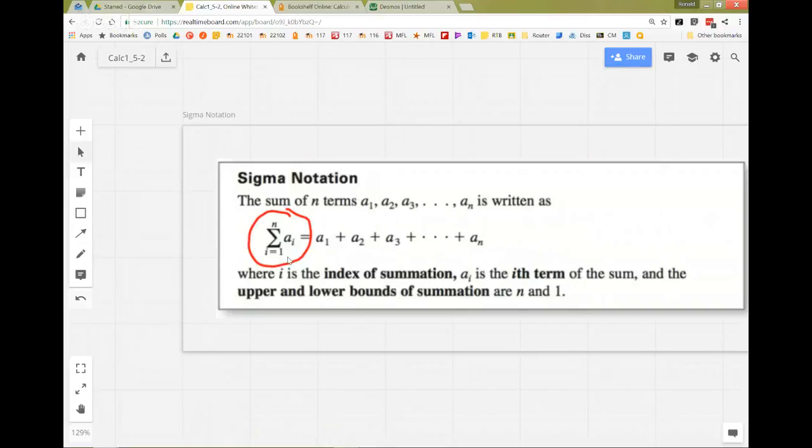So it says add up all the A's from 1 to n. I know n is not very specific, but nevertheless, here's how that comes out. Add A1 to A2 to A3, all the way up to An.